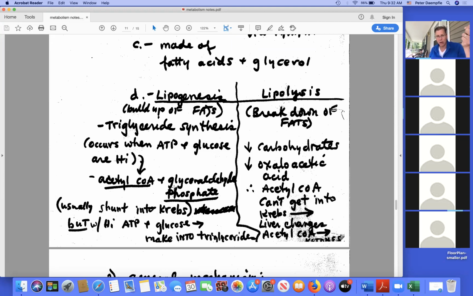When you don't have enough carbs and you don't have enough fat and you're pretty much starving. In other words, even if you just don't eat for a day, you will start seeing this process happen where the oxaloacetic acid of the Krebs cycle is broken down. And the acetyl coenzyme A that we just talked about cannot get into the Krebs cycle. Therefore, the liver will change the acetyl coenzyme A into ketones.